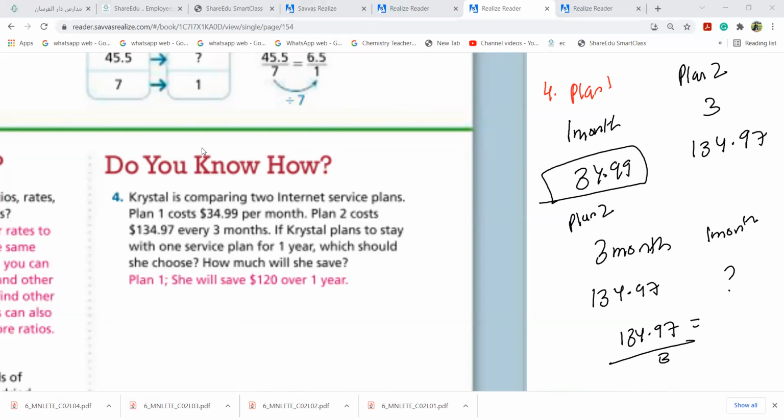I can even write $45. So see, plan 2, you have $45. Plan 1 is $34. Which one is cheaper? Plan 1, because I just have to divide by 1. I wrote 34.99. But for plan 2, when you do it for 3 months, what do I do?